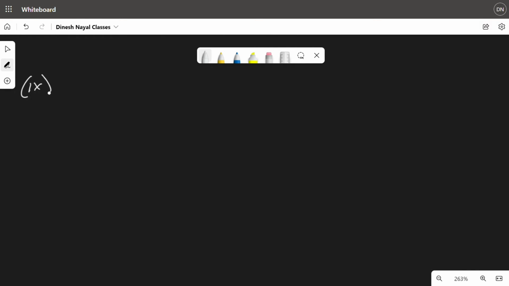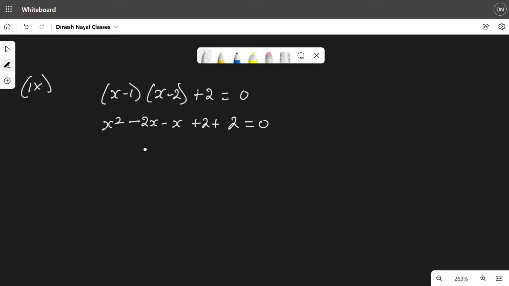So 9th part is x minus 1, x plus 2 equals 0. Now solving this becomes x square minus 2x, then minus 1 minus x plus 2 equals 0. So this will be x square minus 3x plus 4 equals 0.